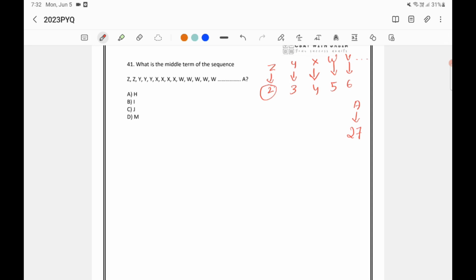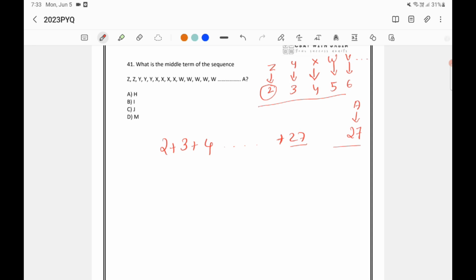Okay, so here first we need to find out how many total terms are there. How do we find the total number of terms? Just add all these, because Z is coming 2 times, Y is coming 3 times, X is coming 4 times, similarly like that till 27. Now we know that the sum of first n natural numbers is n into n plus 1 by 2. Actually you can use that formula. So here n is 27, but that is the first n numbers, meaning it starts from 1.